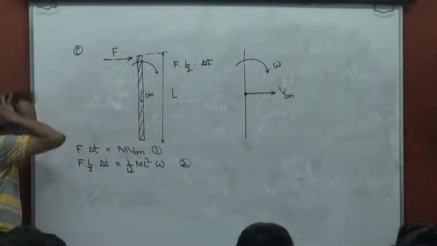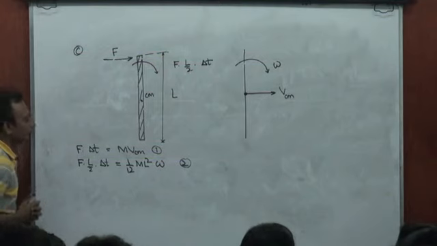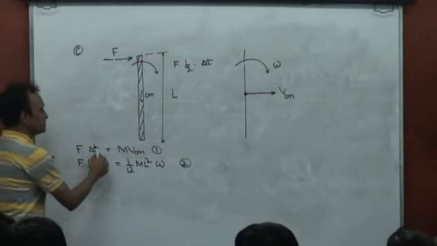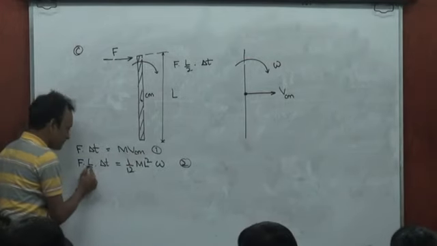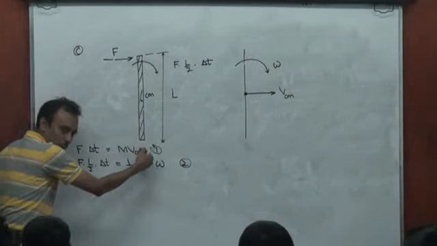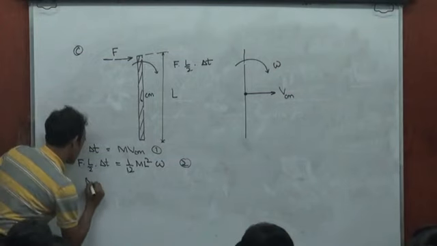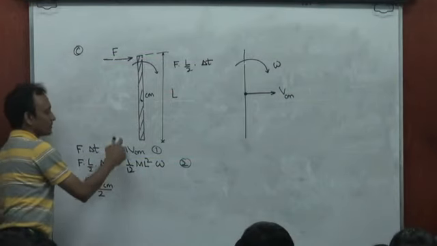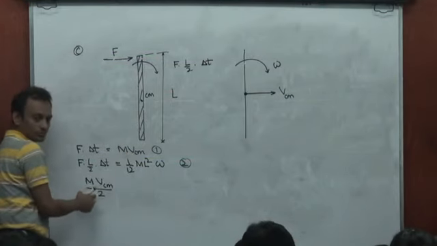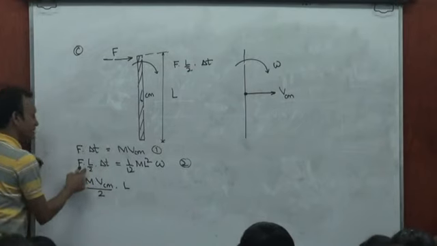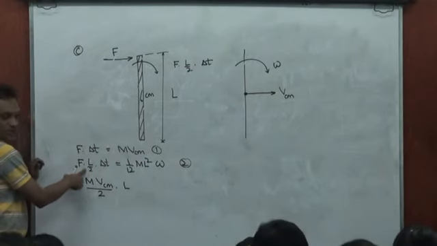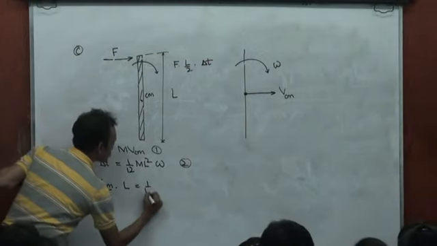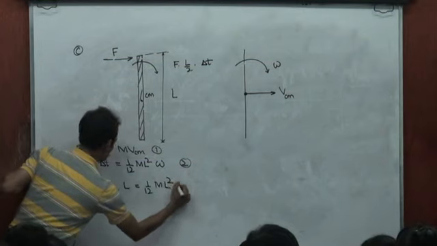And now, what I could do is realize that this F into delta T could be written as capital M into VCM. So, M into VCM, into L by 2, must be 1/12 ML squared omega.